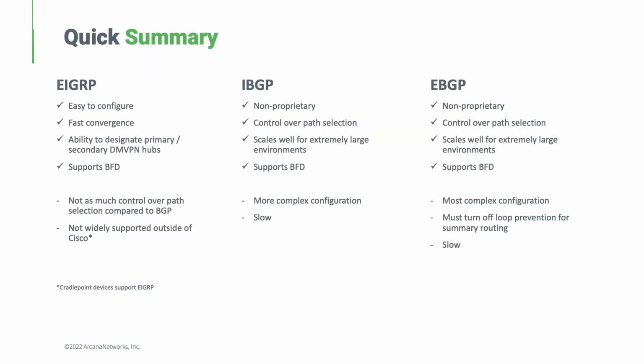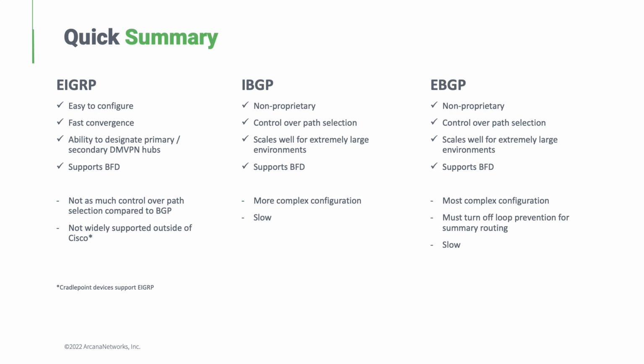Speaking of routing protocols, here's a quick summary of the 3 main types of routing that we would recommend you use for DMVPN. EIGRP is what we recommend because it's easiest to configure and also gives you the fastest convergence. We can also designate a primary or secondary DMVPN hub by playing with the delay values that go under your tunnel interfaces, and it supports BFD.